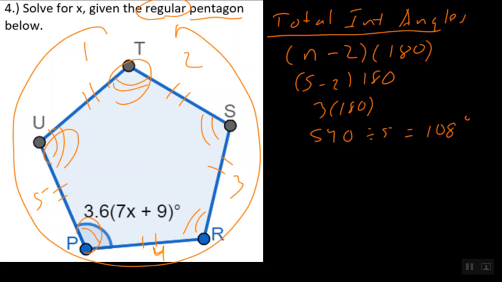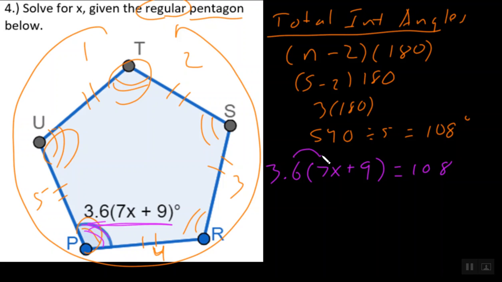And now we can actually set up our equation. We can say, you know what? This one angle right here is being represented by the expression 3.6 parentheses 7x plus 9 is equal to 108. Now, if we solve for x from here, we're going to get the correct answer.